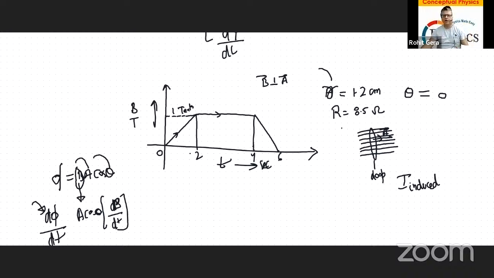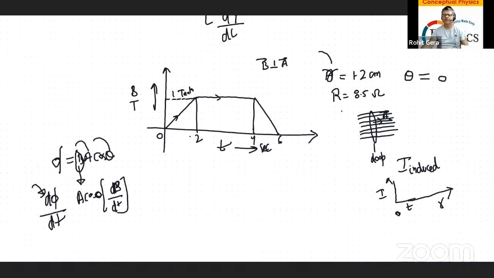So you will draw a graph of I versus T in 6 seconds. 0 to 6 सेकेंड में आपको बनाना है. How does it behave? It's a circular loop, so area is pi r square.